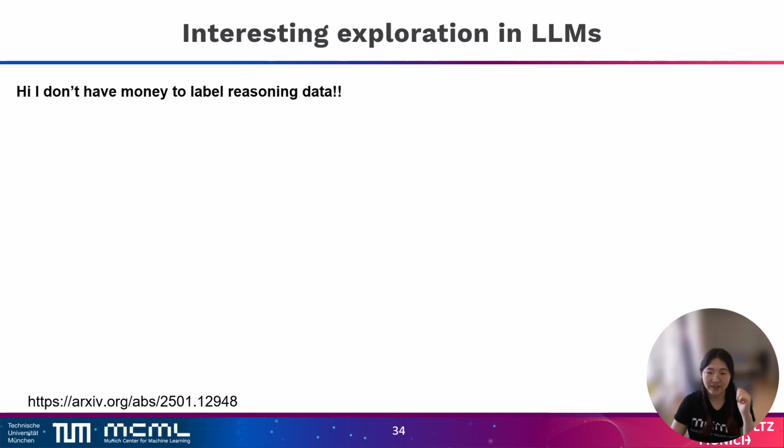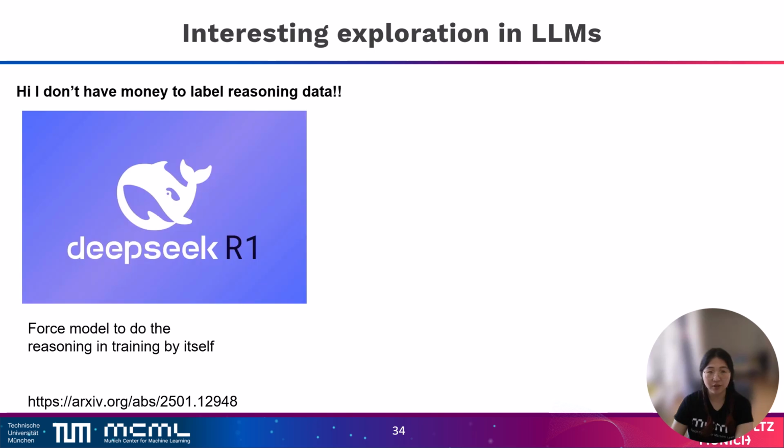But there's a problem. Most of us are not so rich. Maybe we don't have enough money to hire people to label the reasoning data. So how do we do it? Here comes DeepSeek R1. What they do is force the model to do the reasoning in training by itself. Let's go a little deeper.